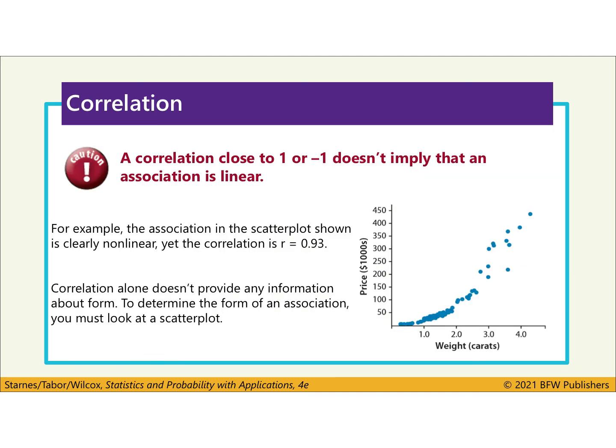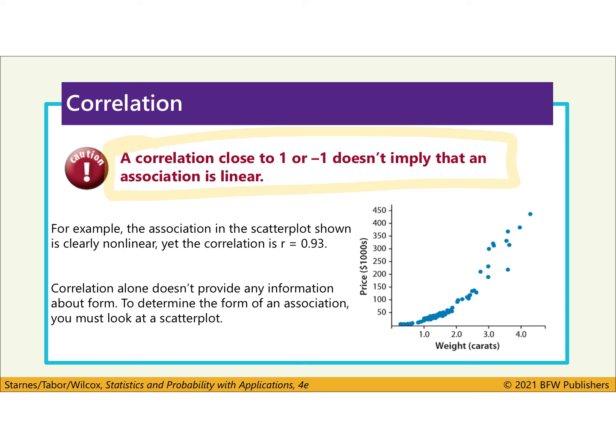Okay, a correlation that is close to 1 or negative 1 does not imply that an association is linear. Write that into your notes, please. Just because the correlation is close to 1 or negative 1 does not necessarily mean it's linear. This scatter plot shown here shows the weight of diamonds in carats and the price.